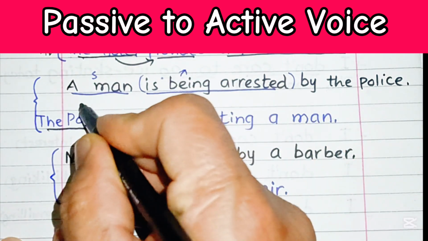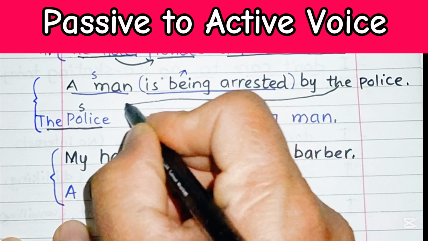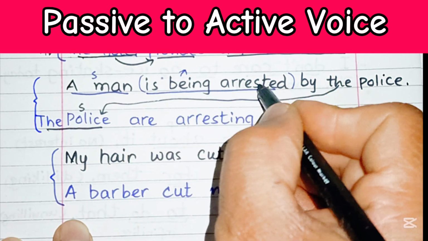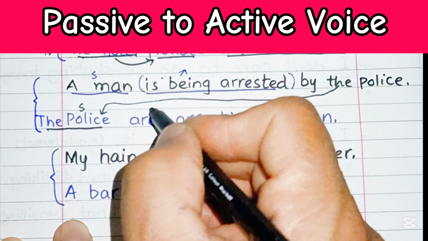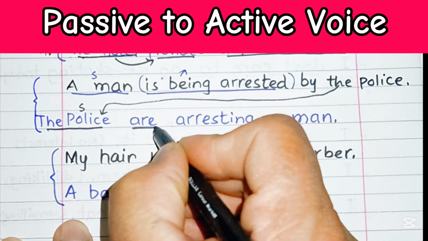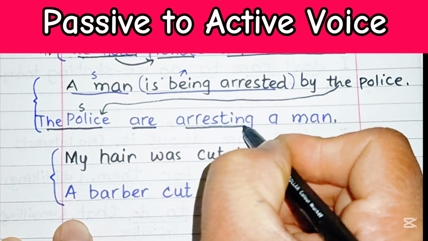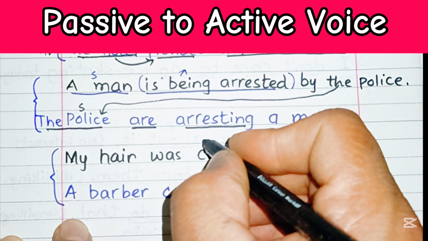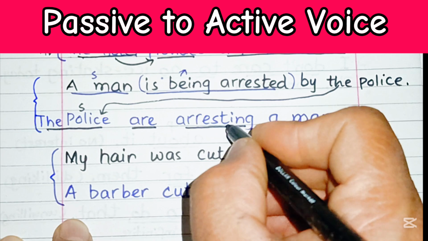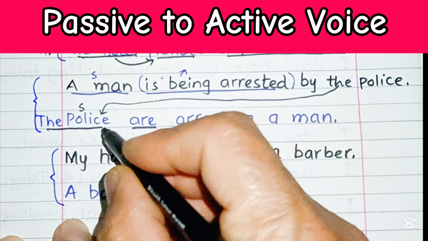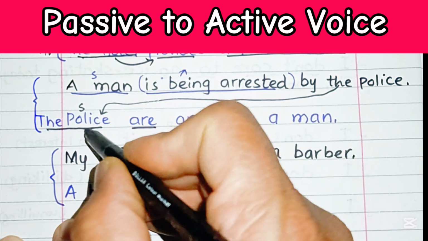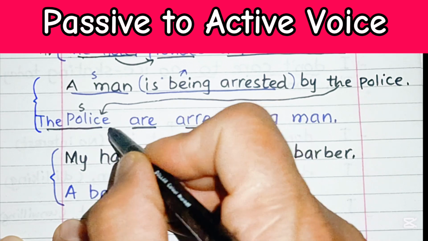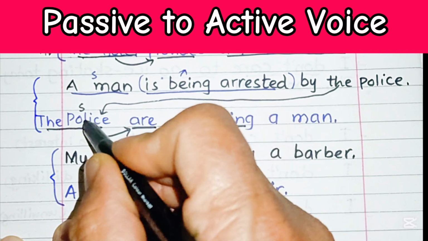The police is the new subject, right from here to here, and then this is in present continuous tense. The passive voice was in present continuous, so we will write the present form of the verb, and this is arresting. The subject, police, is plural, and then this are is going to match this subject.